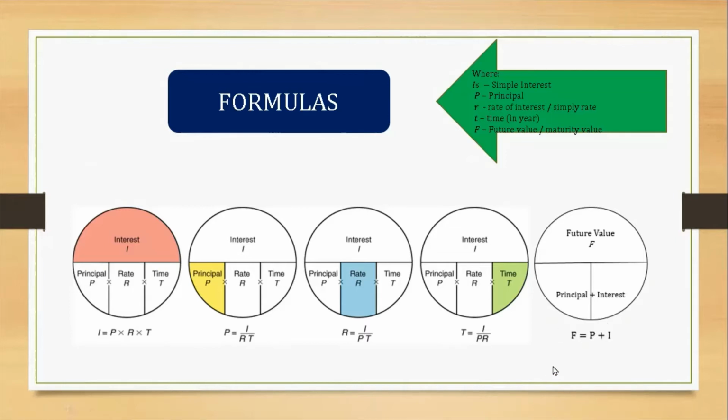And lastly, in solving the future value, just simply add principal plus interest, or the sum of the principal and the interest. You need to take note of the formulas given here, because we will use them in every problem.